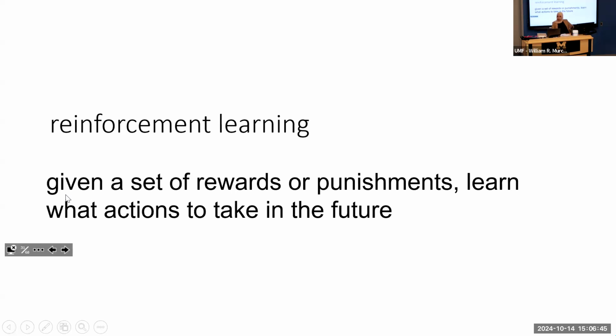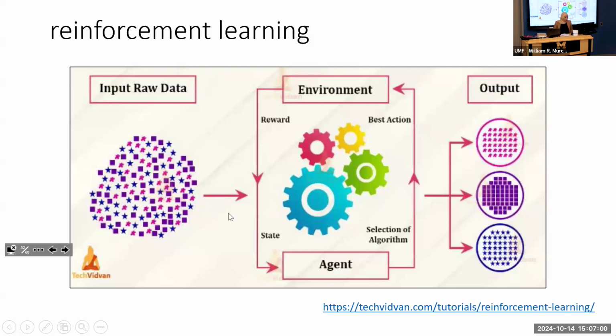If some punishment is given, it's going to teach the agent to avoid that way or to avoid that thing. So here it's going to learn what actions to take in the future, given the set of rewards, whether positive or negative, okay? So this is the context.